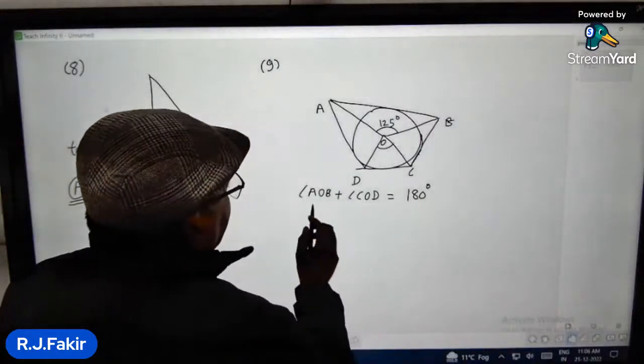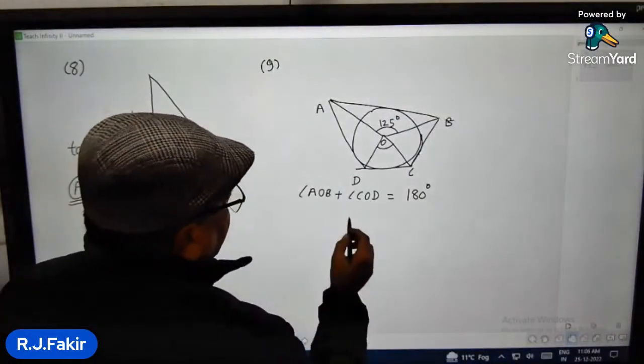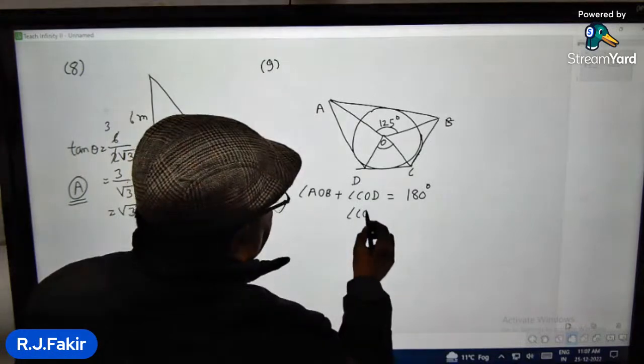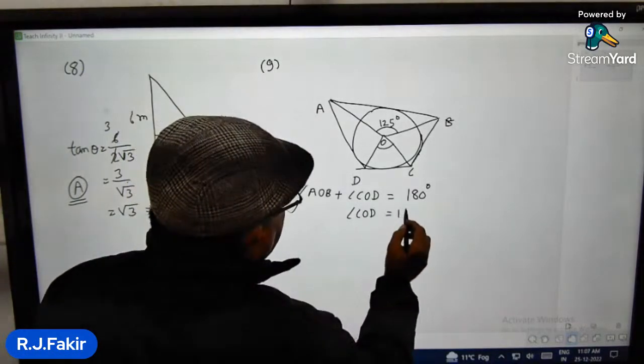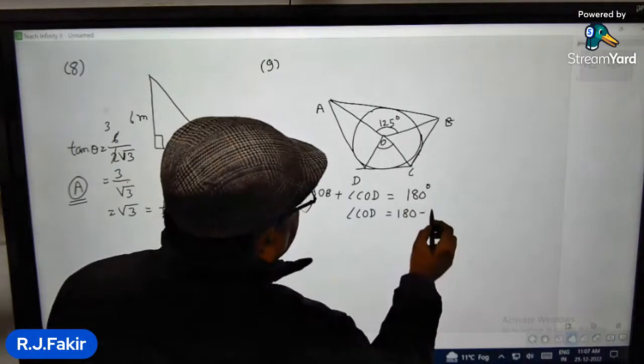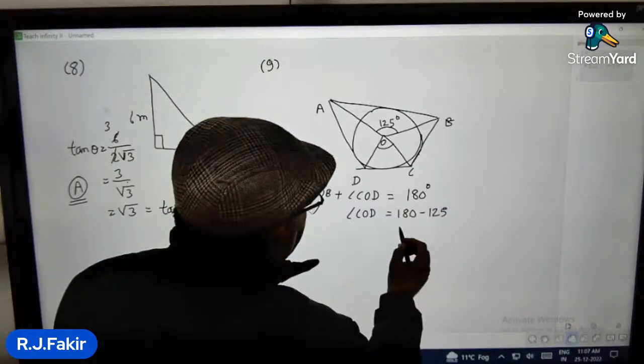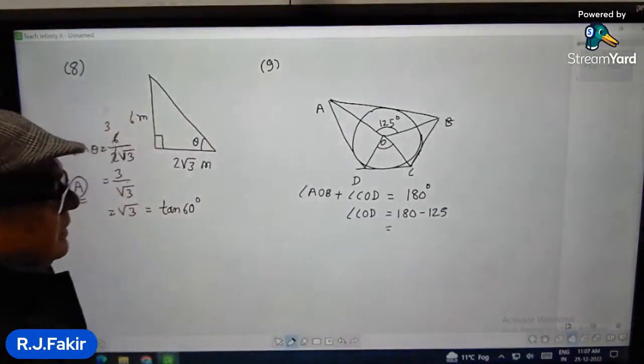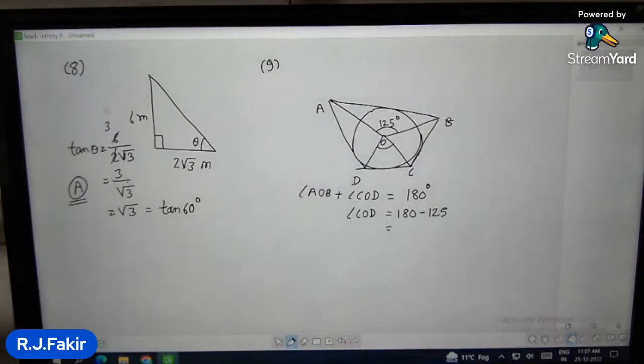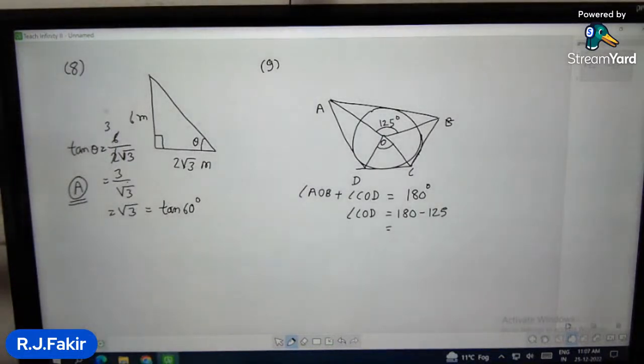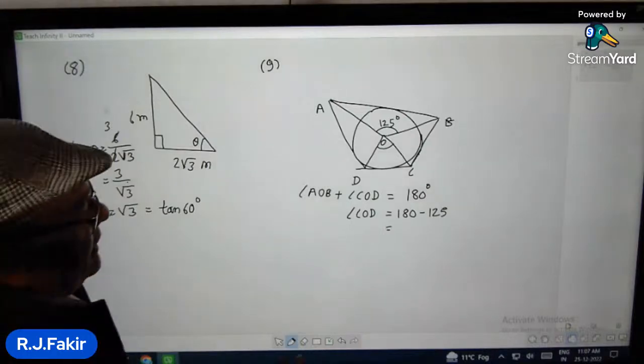And you already know AOB, that is 125. So angle COD will be equal to 180 minus 125, and that will be 55 degrees.